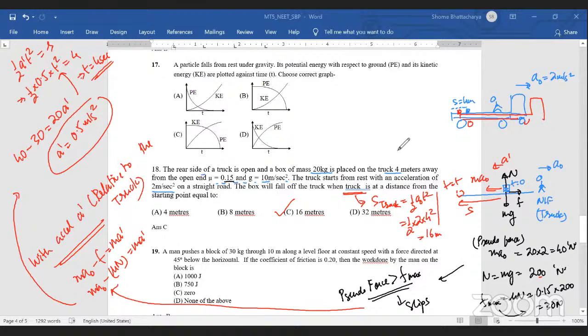Yeah, you can solve in the ground frame also, block over block. Yes, but then you'll have to use relative motion. That's why I'm saying pseudo force is an easier method of solving.